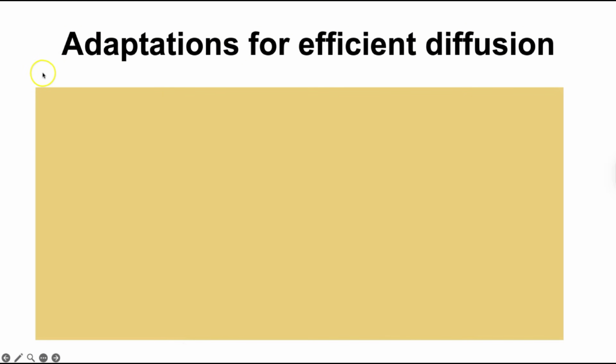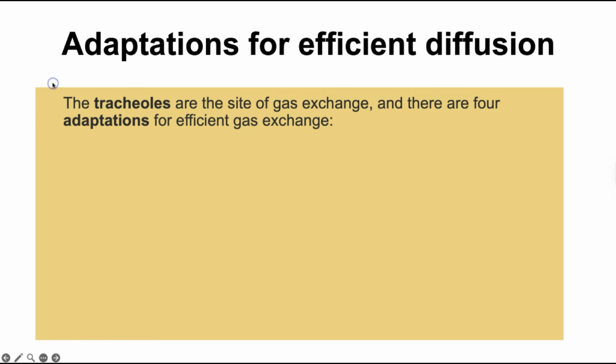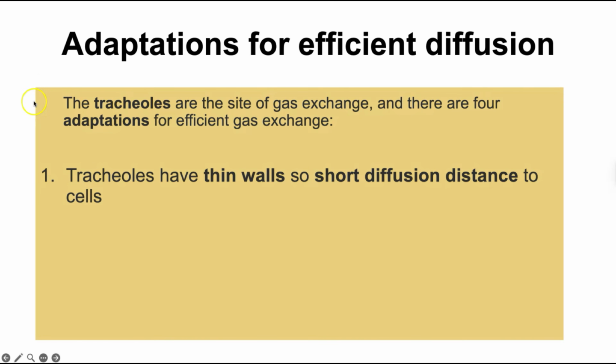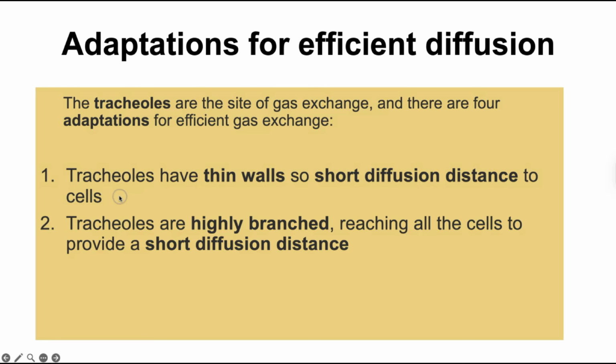Now, in terms of the adaptations, we need to think about large surface area, short diffusion distance, maintaining the concentration gradient. So first of all, tracheoles, which are the branching structure where gas exchange actually happens, have very thin walls. So that provides a short diffusion distance.